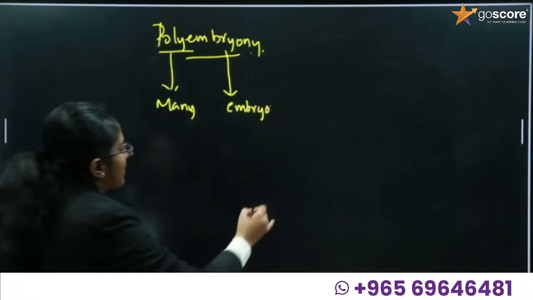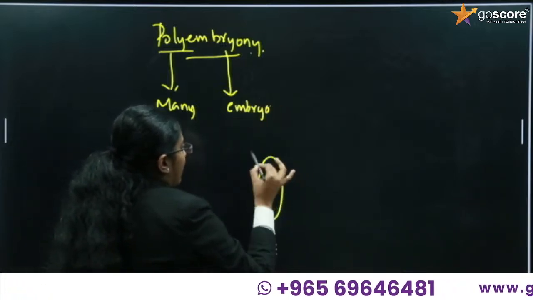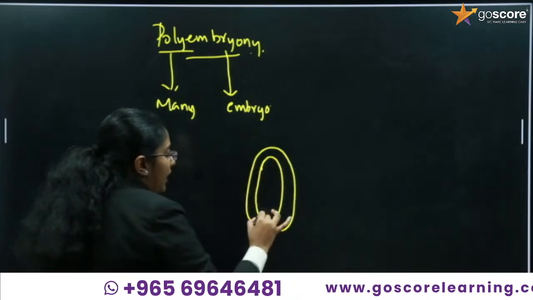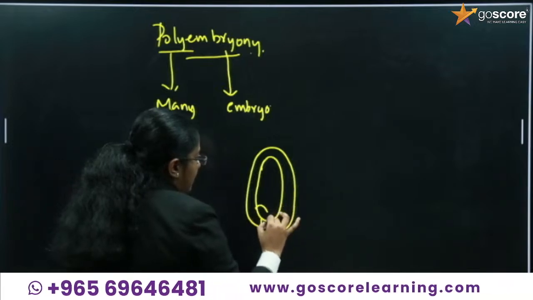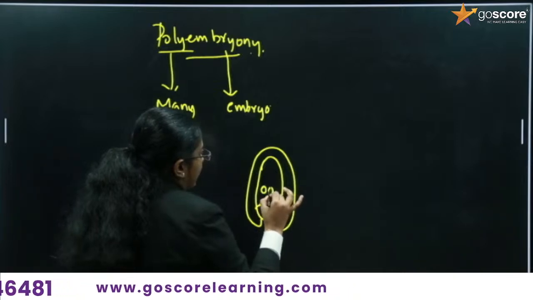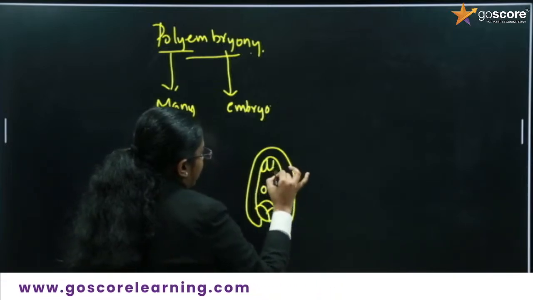So you know the structure again. I am drawing the structure. This is the egg apparatus. Around the egg apparatus, there is nucellus. Inside the egg apparatus, there are synergids, then antipodals, and the polar nuclei.